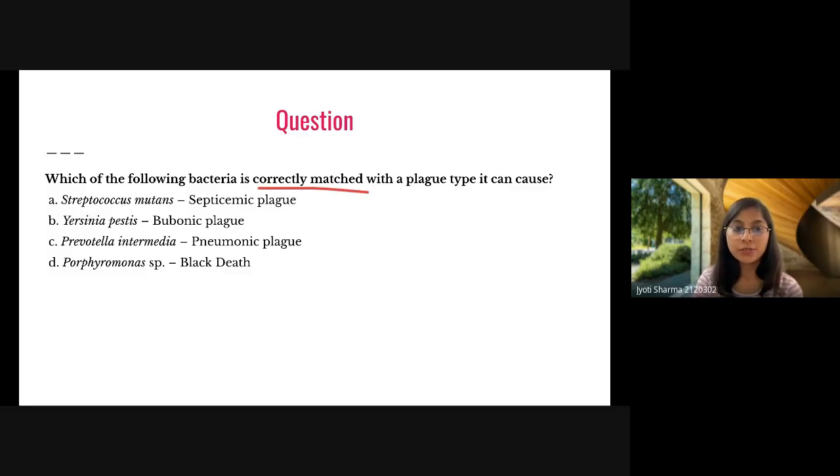We have four options. We have four bacteria: Streptococcus mutans, Yersinia pestis, Prevotella intermedia, and Porphyromonas species. And we have four plaques. Likewise, you can tell me the answer. Which one is the correct one? Any guess about this?